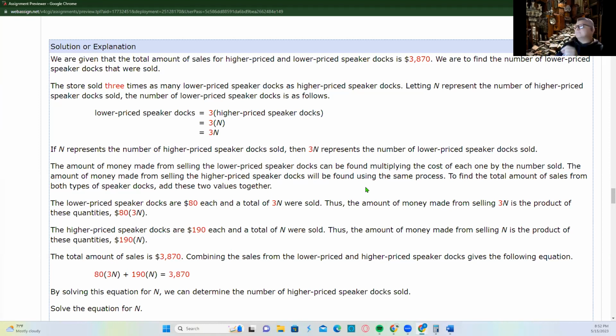The store sold 3 times as many lower speaker docks as higher price speaker docks, letting N represent the number of high price speaker docks sold. The number of lower price speaker docks is as follows. Okay. So if N is the higher price ones, then 3 times N are the amount of lower price ones you sold, right? Does that make sense?